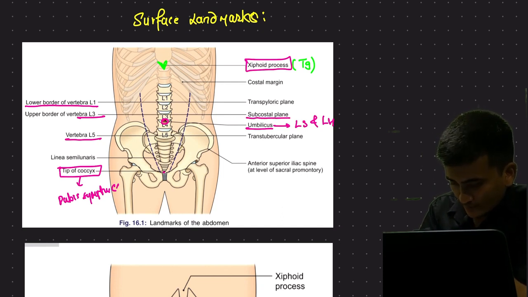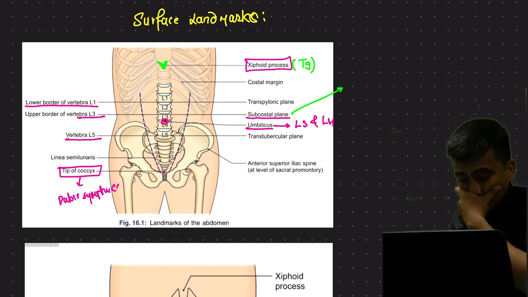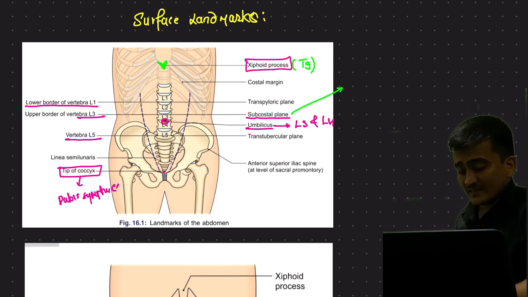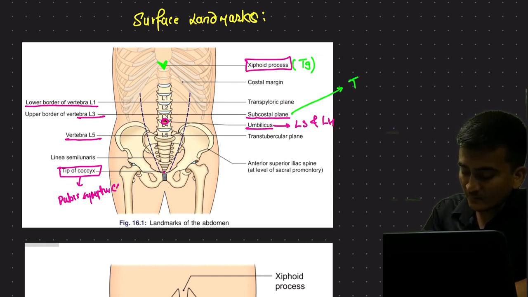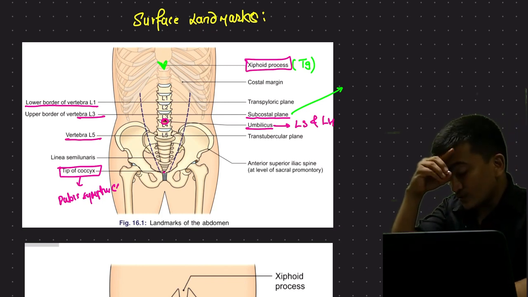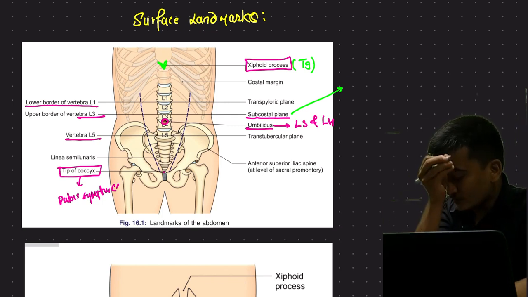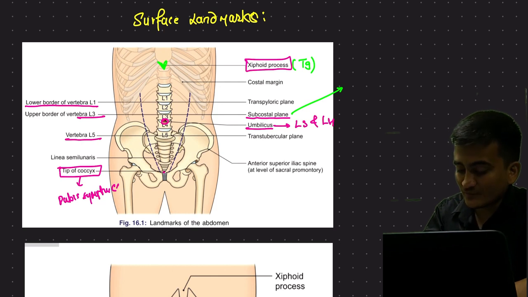If you remember, the subcostal plane anteriorly lies at the level of the costal cartilage of the 10th rib, right? We discussed the subcostal plane.